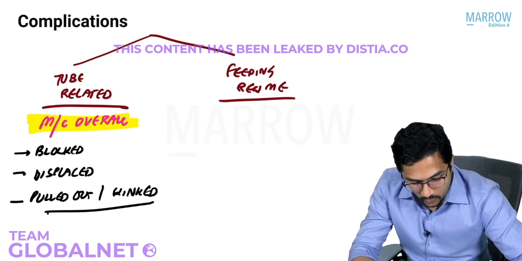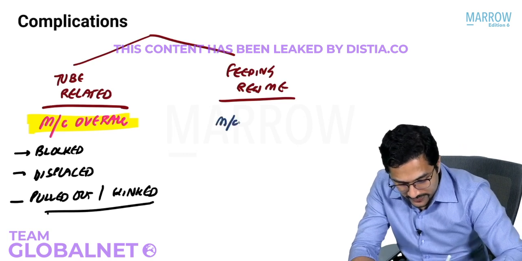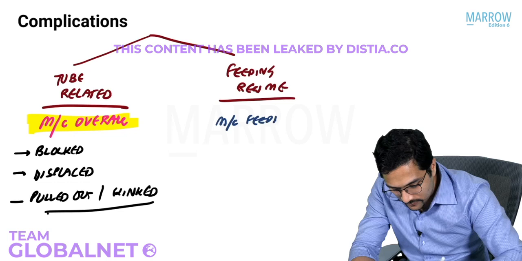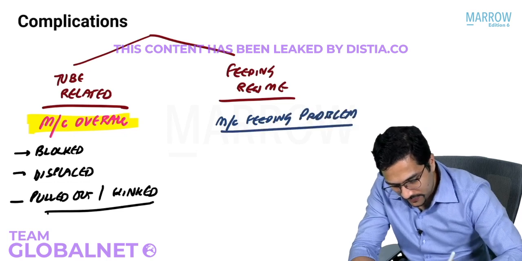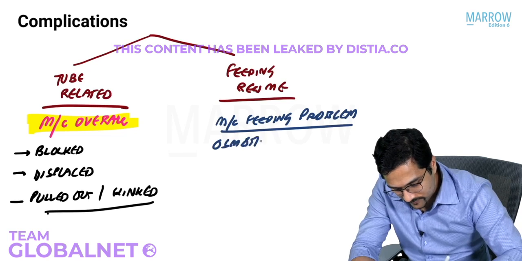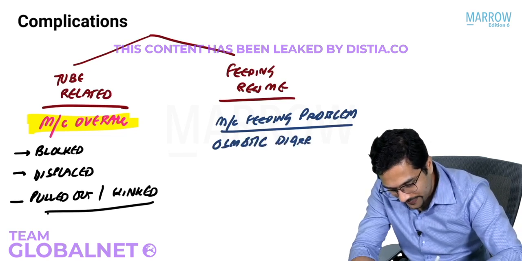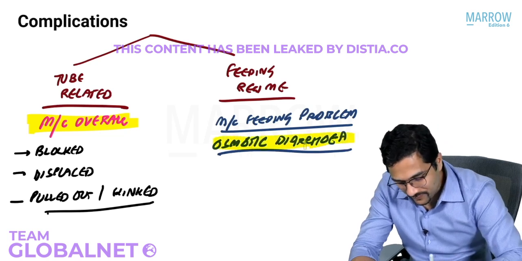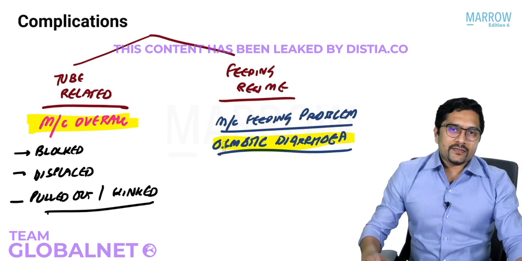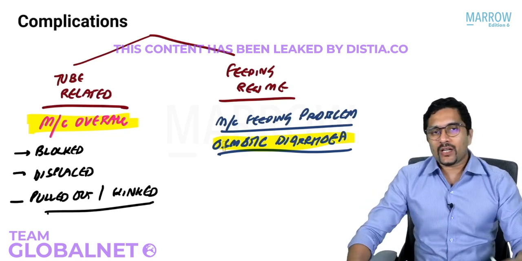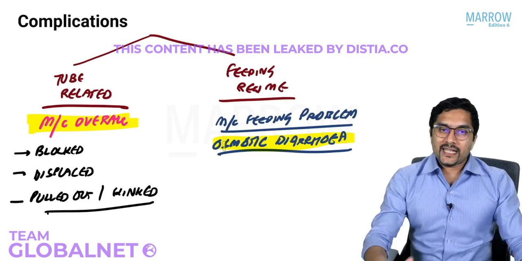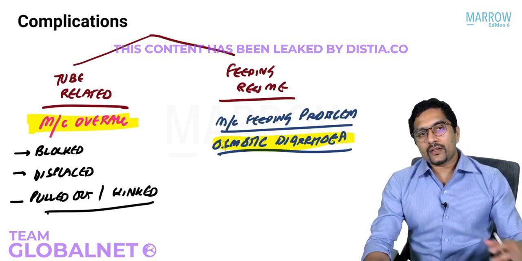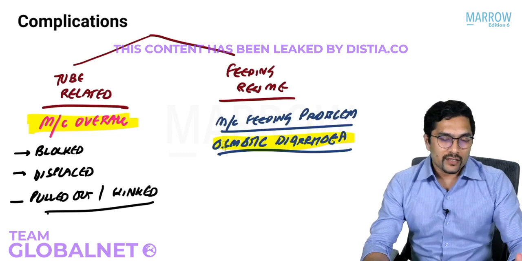The feeding regime complications, the most common feeding problem is osmotic diarrhea. And you need to know why this osmotic diarrhea develops. I'm sure in the ward you must have seen patients who are undergoing Ryle's tube feeding or are getting feeds through the tube. Ultimately we teach their attendants how to do feeding so that they can do it at regular intervals.